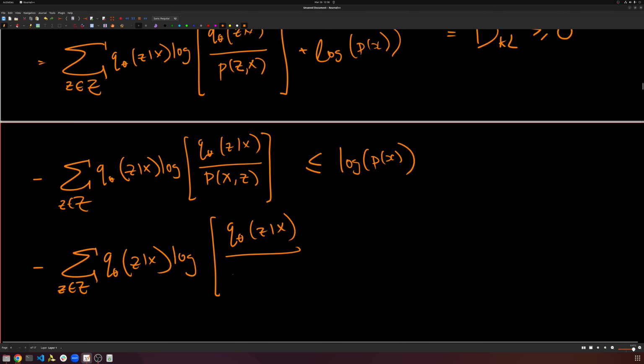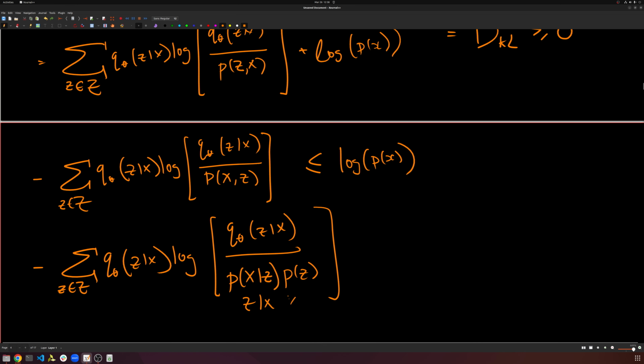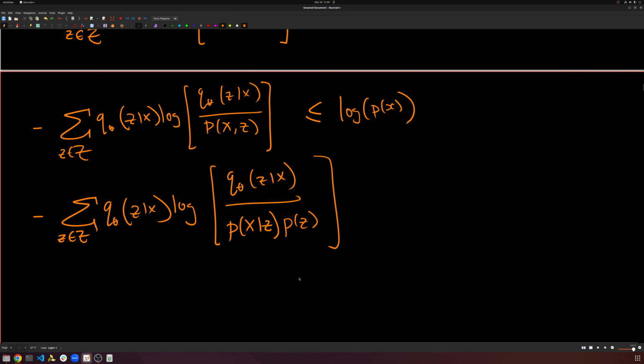We're going to write it as probability of x given z times the probability of z. We could have also written z given x times the probability of x, but this would have been less helpful for us in the derivation. So you'll see why we do that. So now this whole expression is less than or equal to log of p of x.